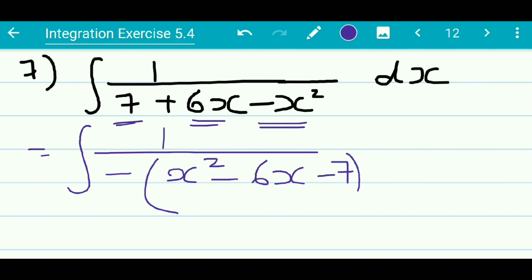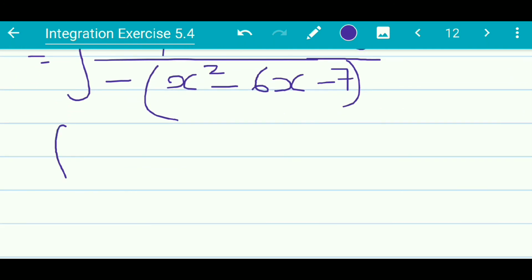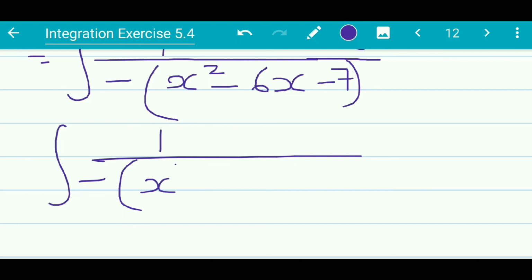I hope you are understanding what I am doing over here. We want to make that minus x square positive. There are three terms here, so we cannot apply any formula directly anyway. Now, keeping the minus sign outside the bracket, we are going to complete the square for the first two terms.